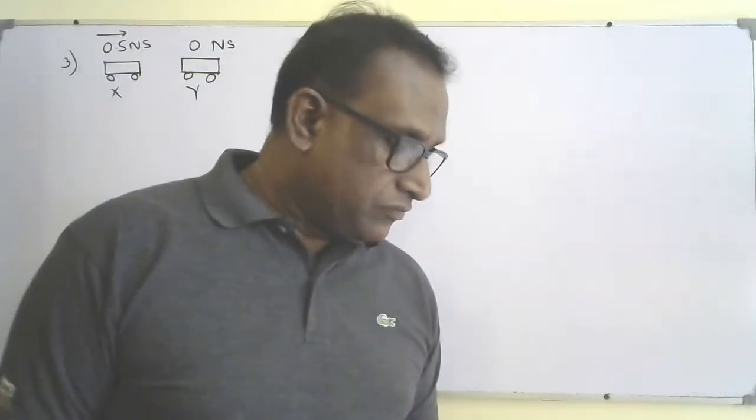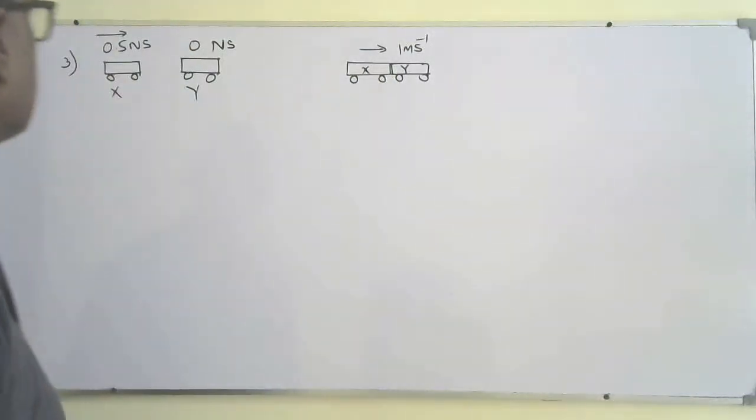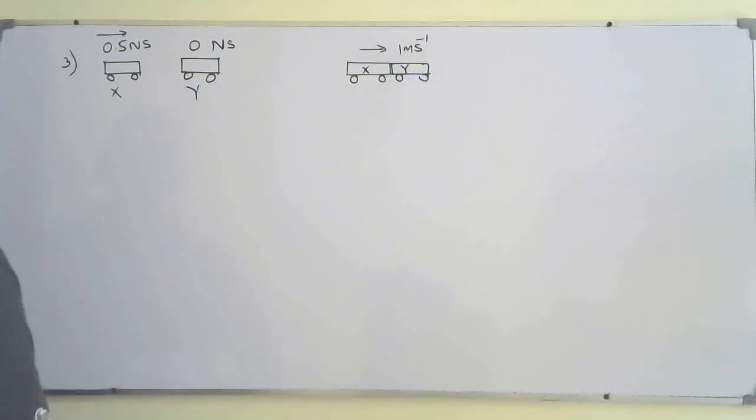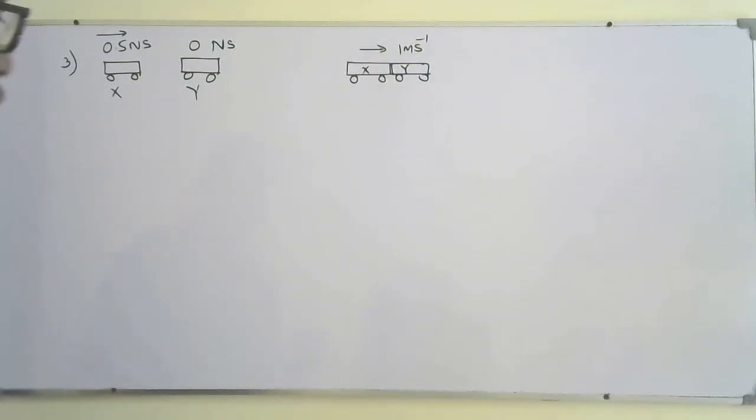Question number 3, which of the following is the kinetic energy of trolley X before collision? So this is trolley X. The kinetic energy of trolley X, we can use the equation kinetic energy equals P squared over 2M.